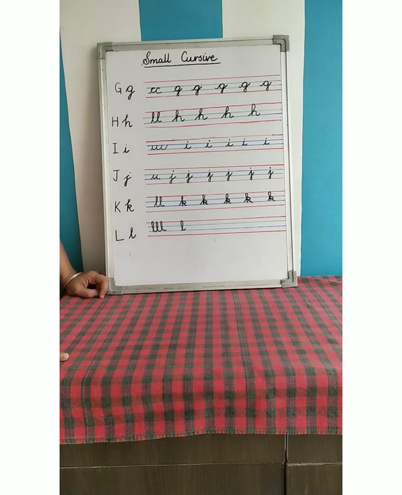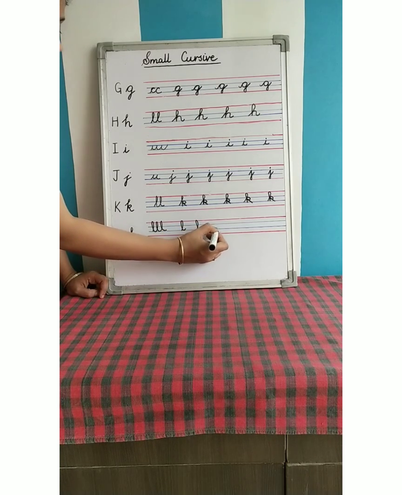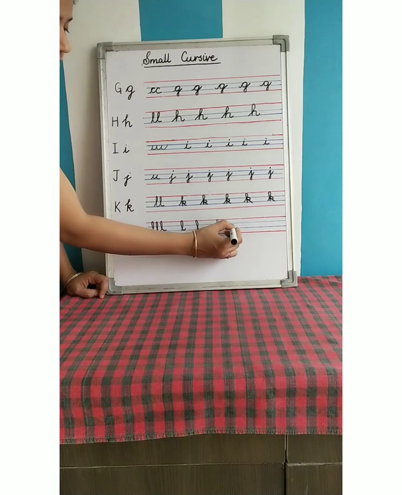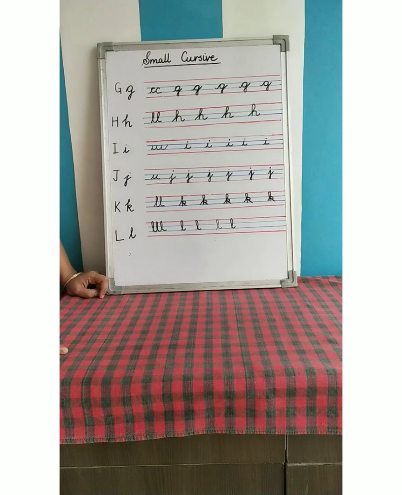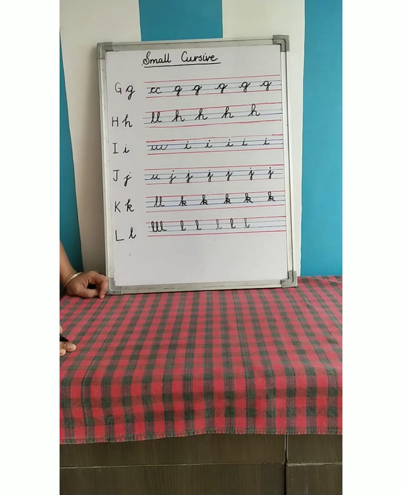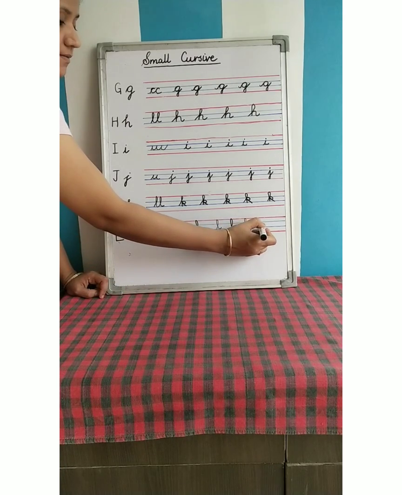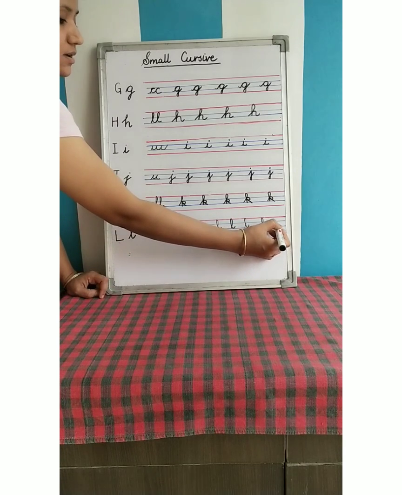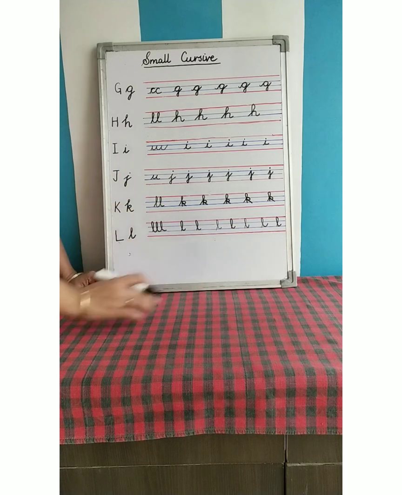You just have to draw the pattern once and small cursive L is done like this. See it again. Once more. One more time.